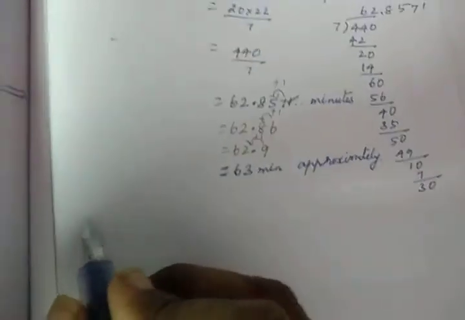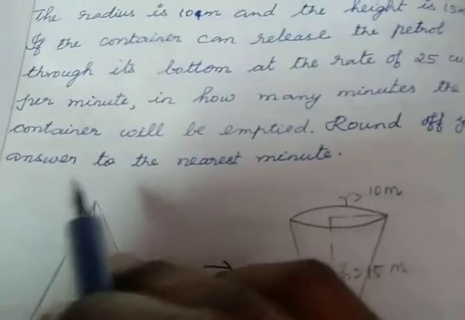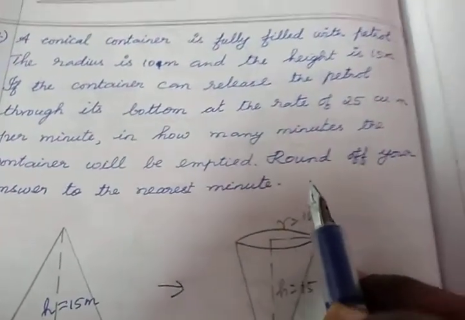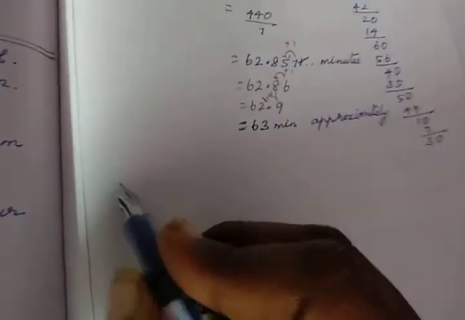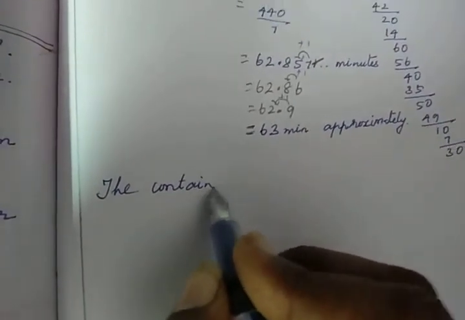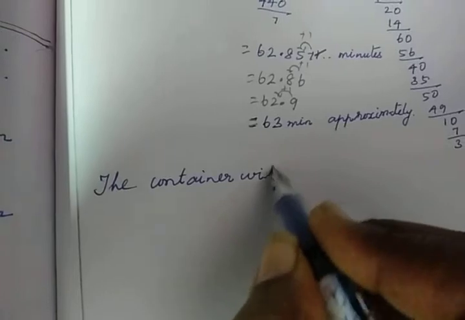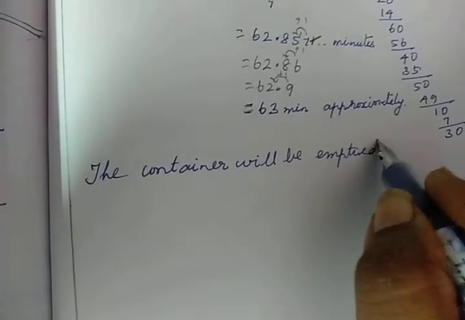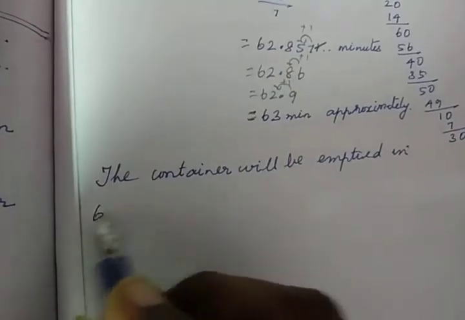So they have asked you to round off to the nearest minute. The container will be emptied in 63 minutes.